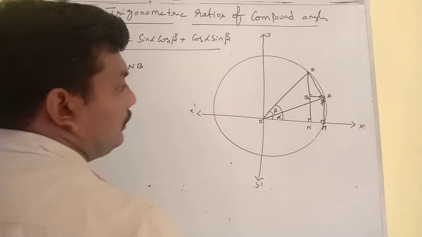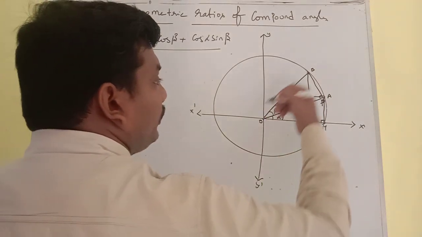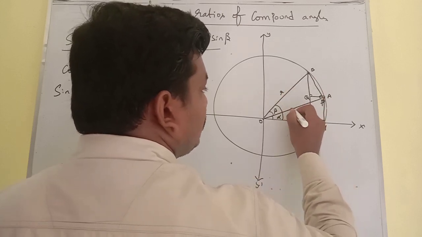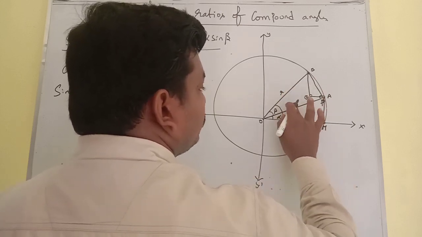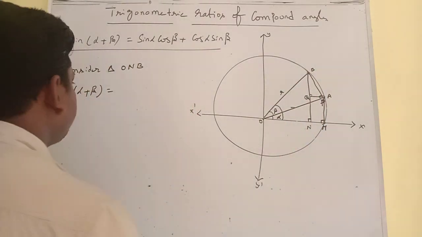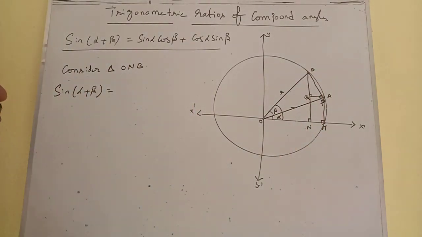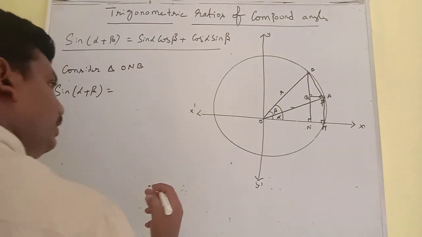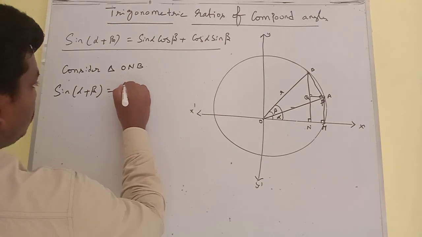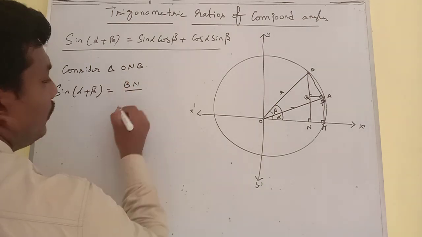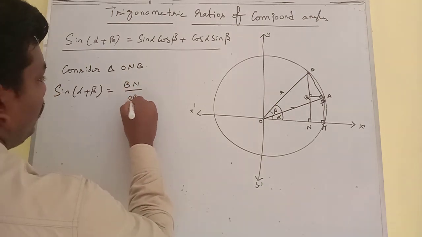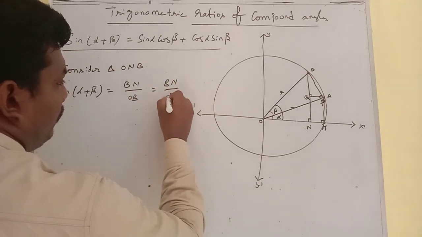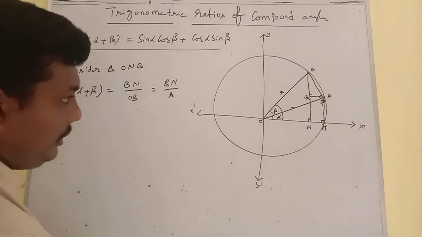Let me consider the circle whose radius is r; this is radius r and this is also radius r. The opposite side is BN and the hypotenuse is OB, so this can be written as BN by r.